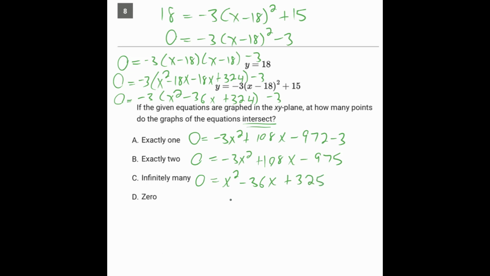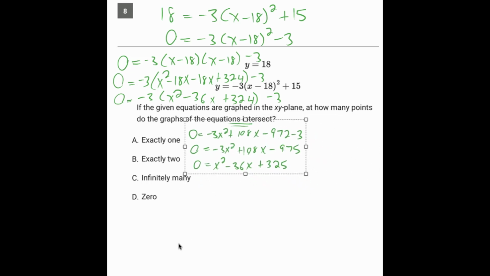Now we can analyze all this in terms of the discriminant. The discriminant is a piece of the quadratic formula. Now, if you don't already, you should know the quadratic formula by heart. x equals negative b plus and minus the square root of b squared minus 4ac, all over 2a.